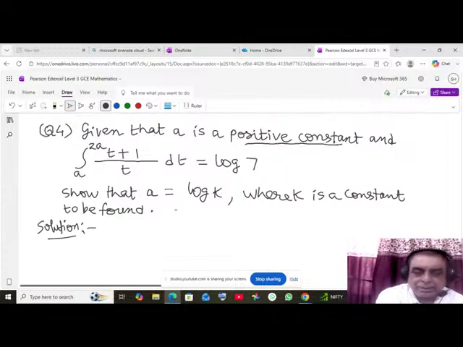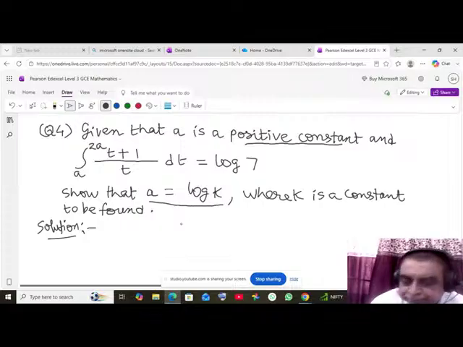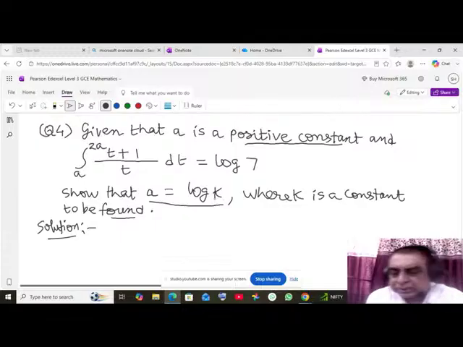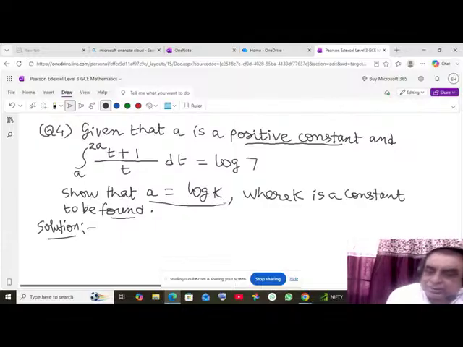Now we have to show that the value of a will be of the form log k, where k is a constant number which we have to find out.